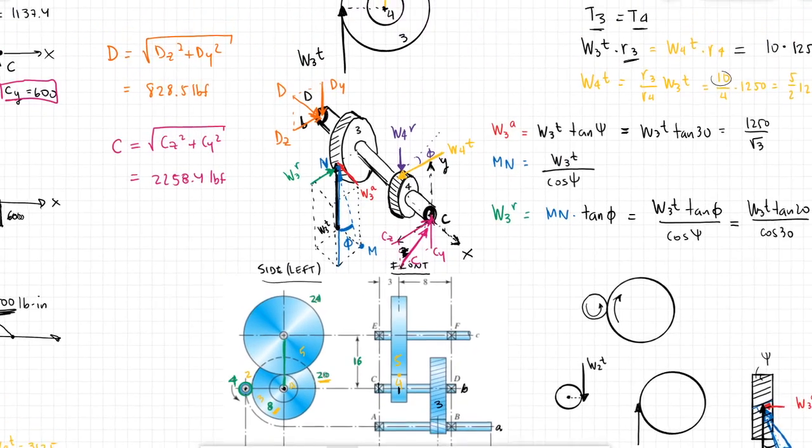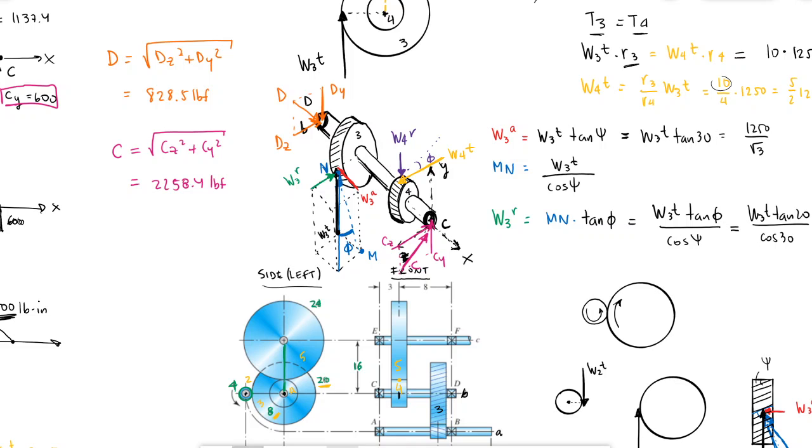So last thing, we have the only vector that we haven't used so far. In my 3D image here, it is the red one. This red one is what's causing the axial load, or the thrust, on shaft B, lowercase b.